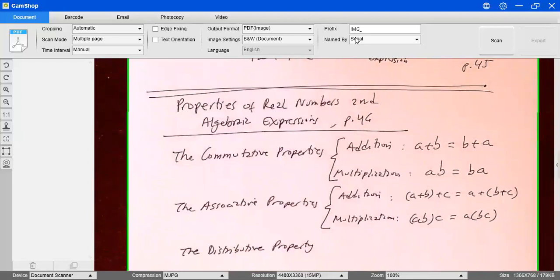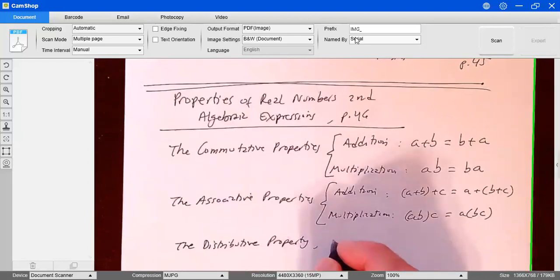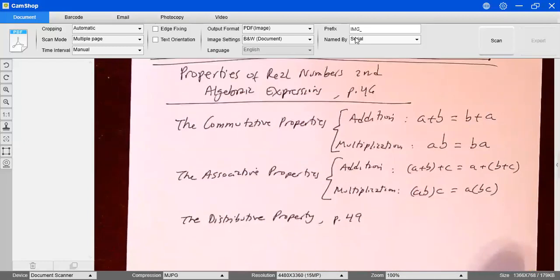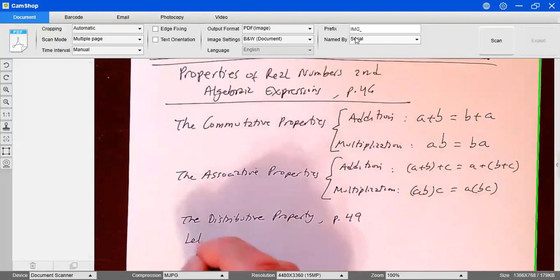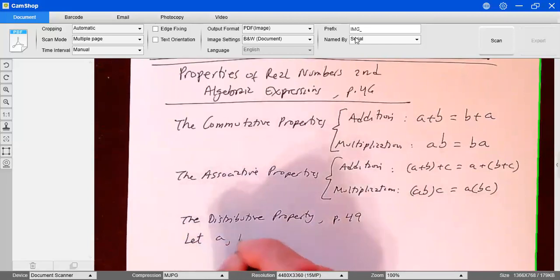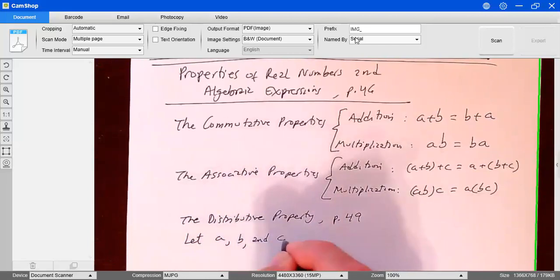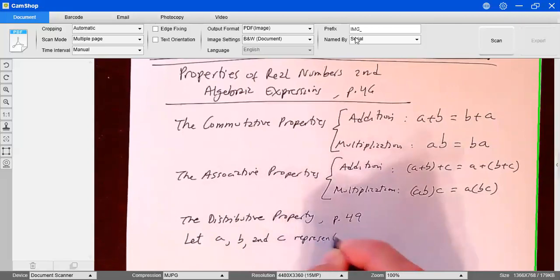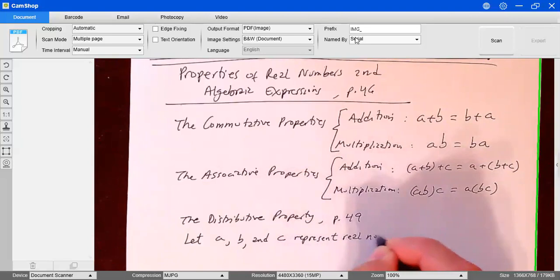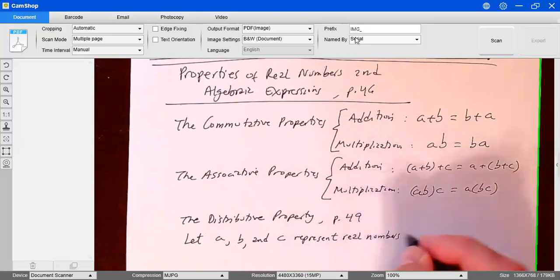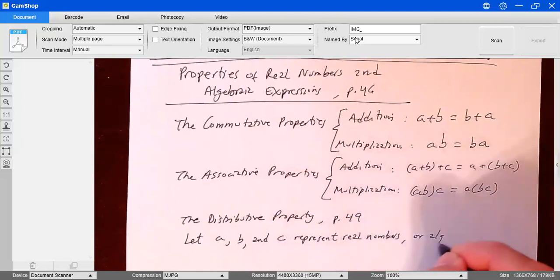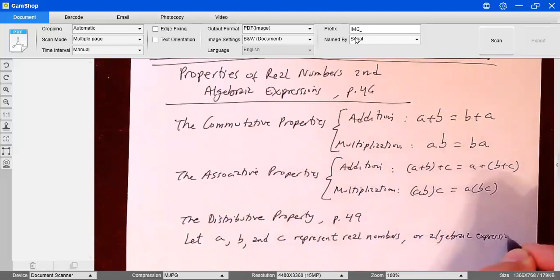So I'm going to write, in this case, everything that is expressed in your book. This is on page 49. So we're going to write here, let A, B, and C represent real numbers or algebraic expressions.